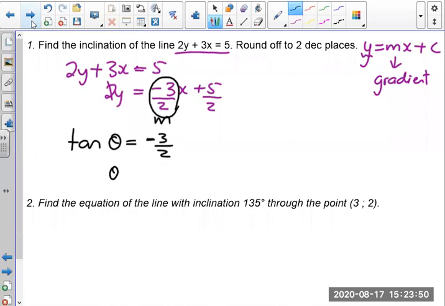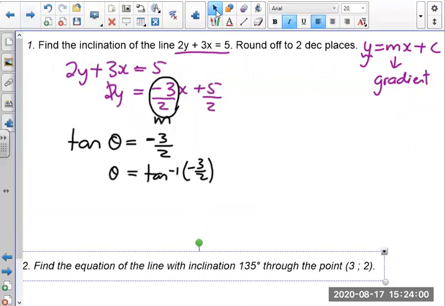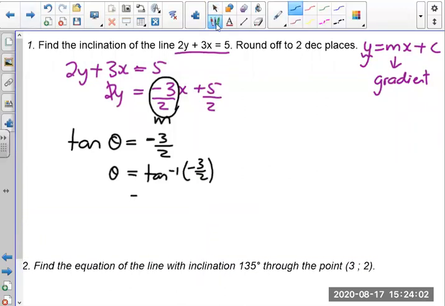If I say shift tan of minus 3 over 2, I get an answer of minus 56,309. You get that? But that's not what I want.